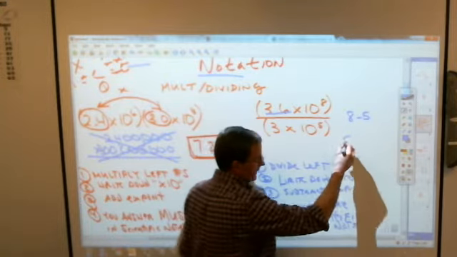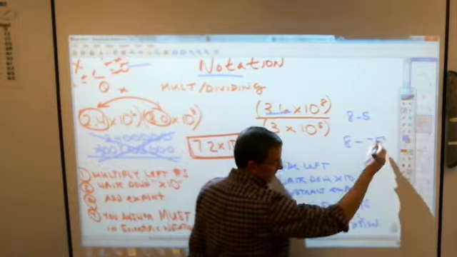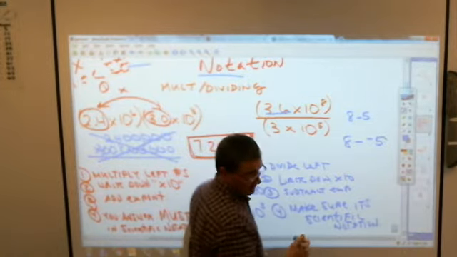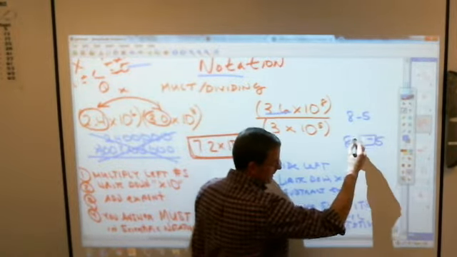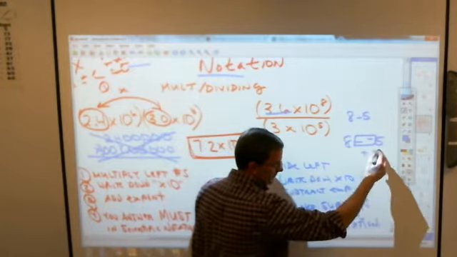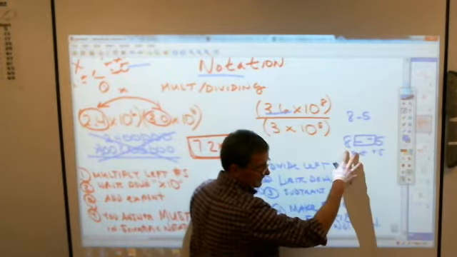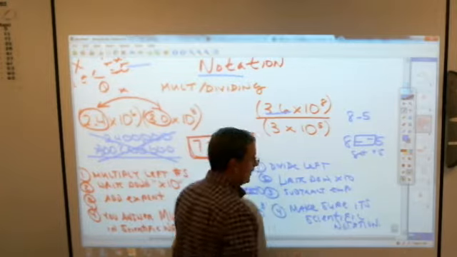This would have looked like this, 8 minus a negative 5, which actually would end up being two negatives next to each other. Subtracting a negative is the same as adding a positive. It actually would end up being 13 because you're subtracting a negative. All right, you don't care.